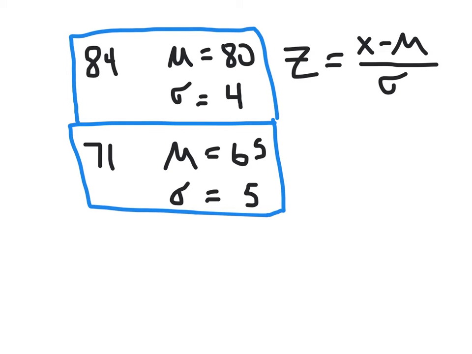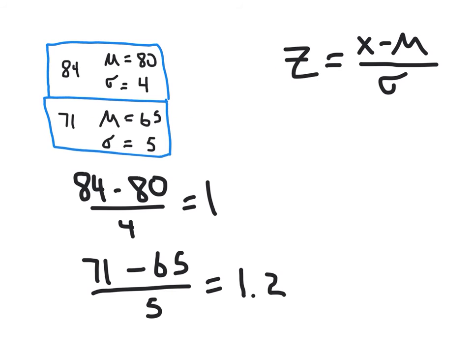Now, let's do the z-score for both of these, and I'll just write it out. So, this shows us that the student that got the 71 actually deviated above the average by 1.2 standard deviations. So she's higher on that graph than 1 standard deviation. So in comparison, it looks like the person who got the 71 on this tougher test actually did better than the person that got the 84.